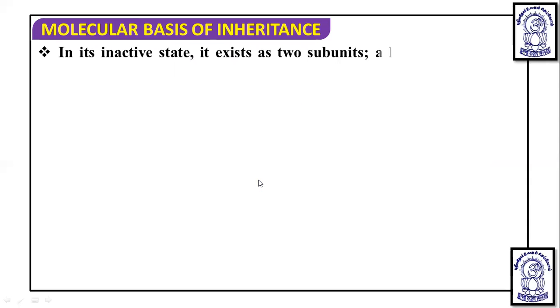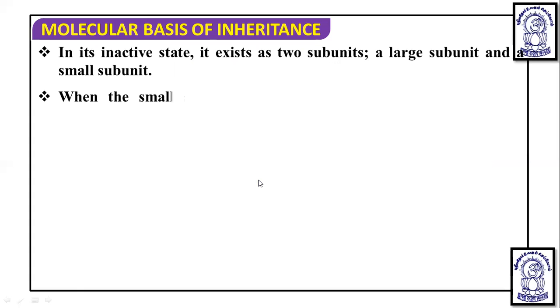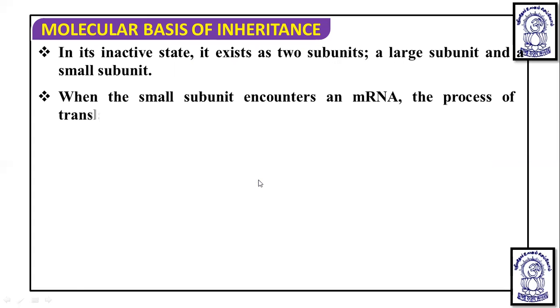In its inactive state, it exists as two subunits, a large subunit and a small subunit. When the small subunit encounters the mRNA, the process of translation of mRNA to protein begins.